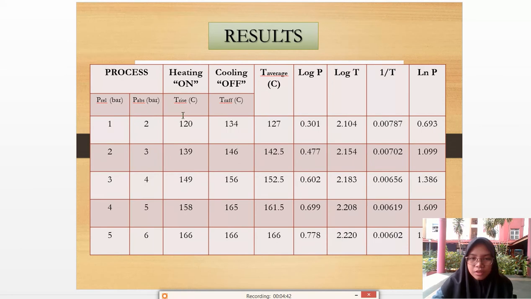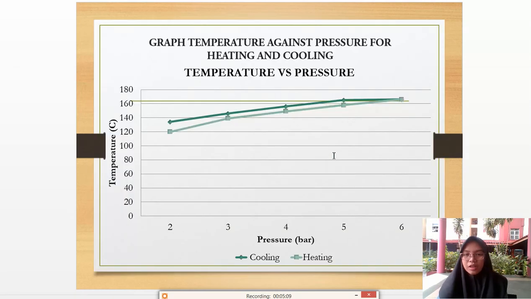We got the temperatures for these pressures, which are 120, 139, 149, 158 and 166 Celsius for the heating process, and this is for the cooling process. So this is the data that we would like to use if we want to plot the graph. This is my first graph, which is temperature versus pressure.